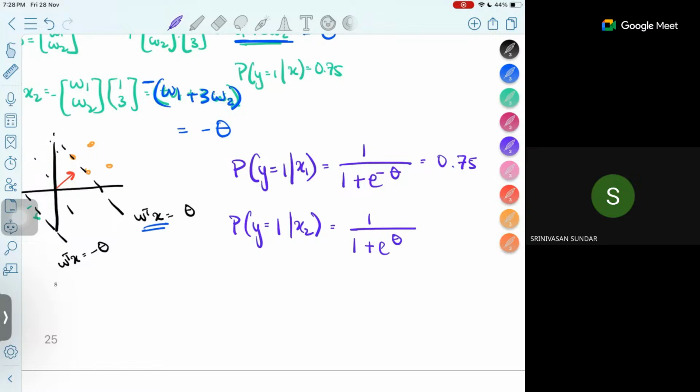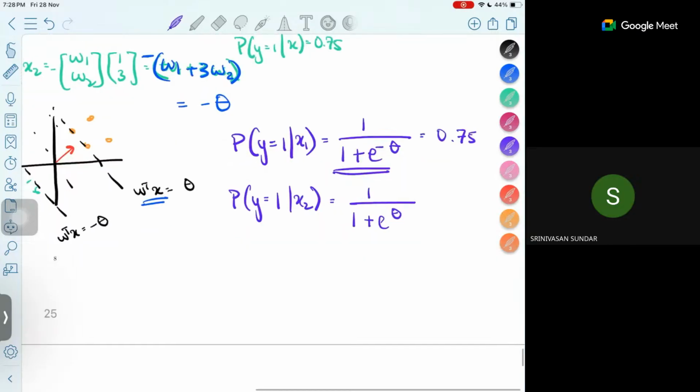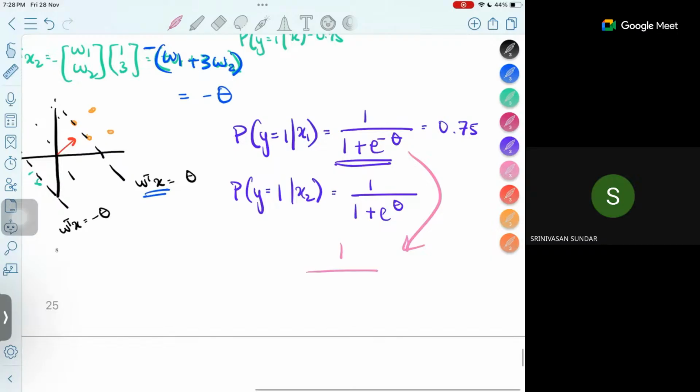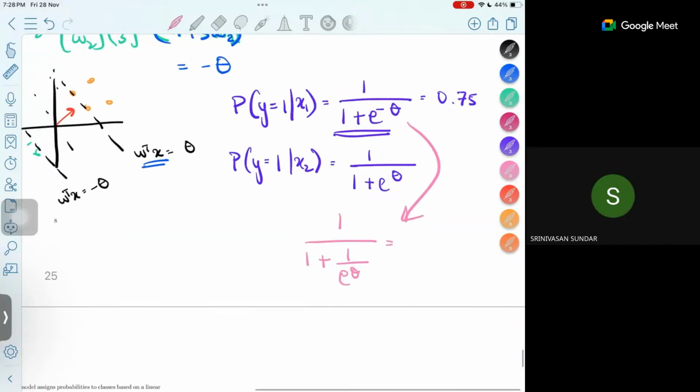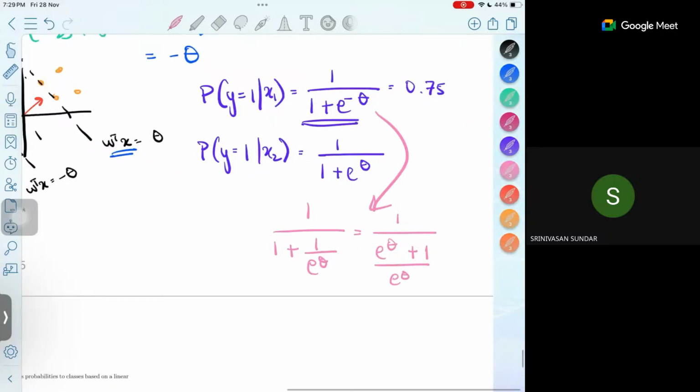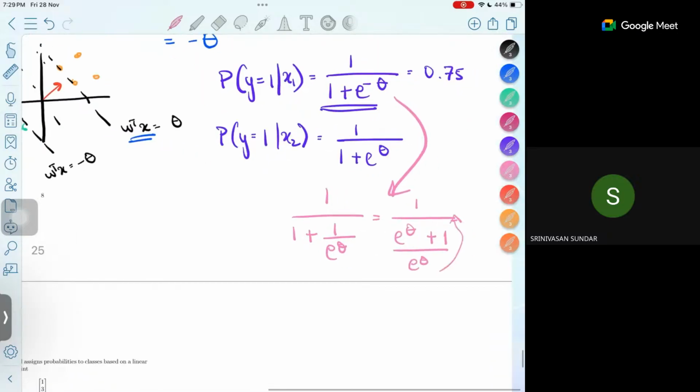Can we say that these two should add up to 1? I'm just thinking out loud, so this may not lead anywhere, but I think it will. Yeah, if we add these, they should become 1. So this is e power theta plus 1 divided by e power theta, which goes to the numerator.